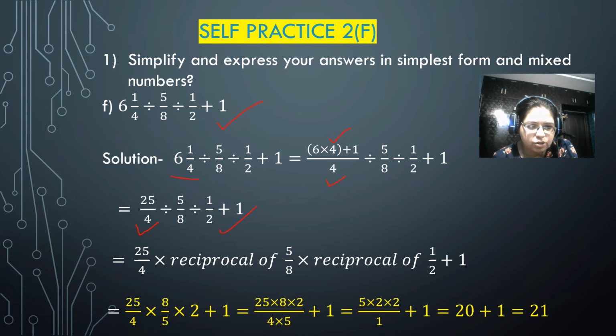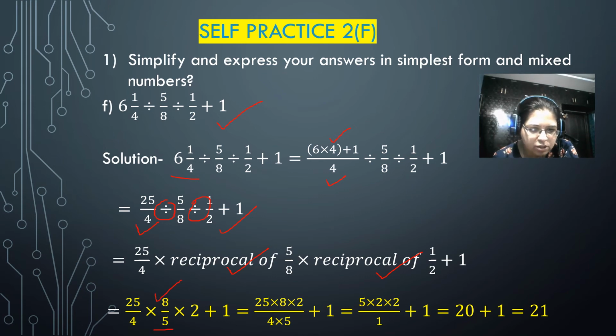Now we change this division symbol into a multiplication symbol. Just multiply with the reciprocal of 5/8. So 25/4 multiplied with the reciprocal of 5/8. We change this division symbol into a multiplication symbol as well, and multiply with the reciprocal of (1/2 + 1). The reciprocal of 5/8 is found by interchanging the numerator and denominator, so it is 8/5.